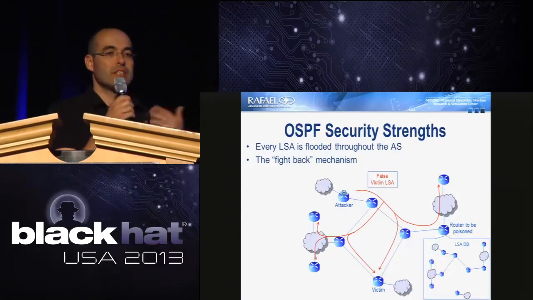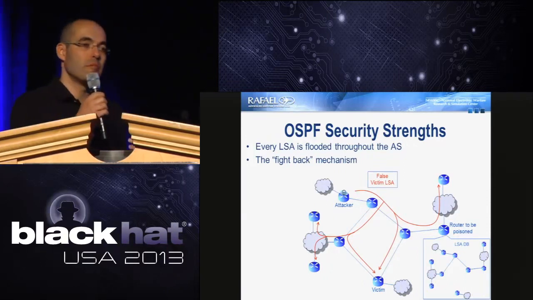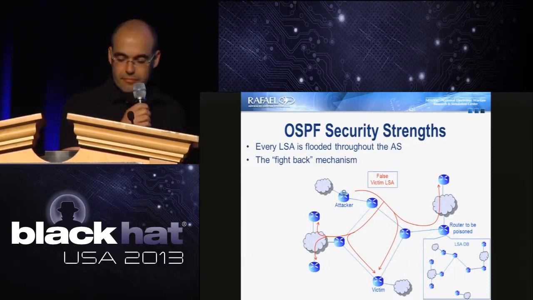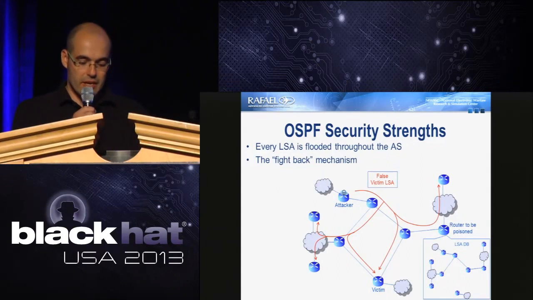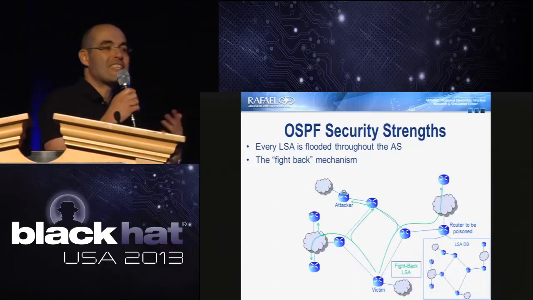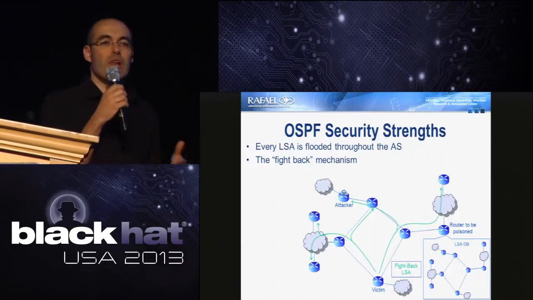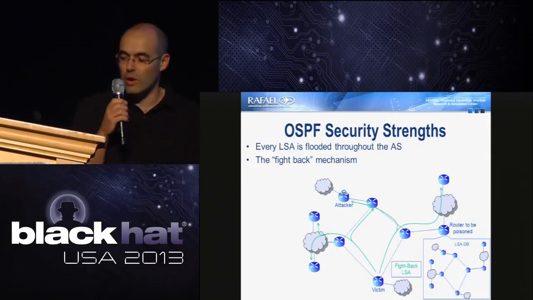This is the fightback LSA, which of course will cancel out the false LSA because it has a higher sequence number. So in this example, the victim router will immediately send out the fightback LSA, and this will revert the attack's effect. The attack will have a non-persistent effect on the LSA databases of all the other routers.